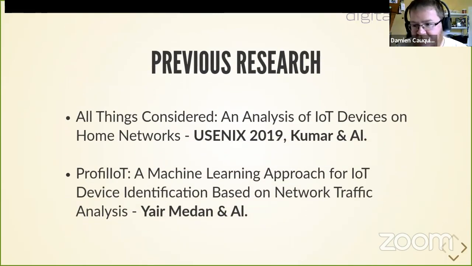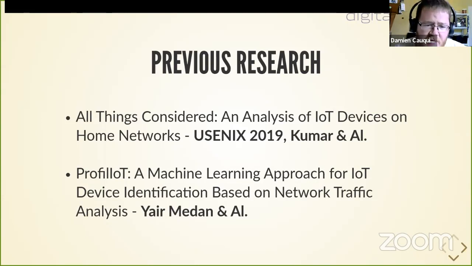I searched the internet about previous research and previous work. So I found a paper, it's also a presentation, published last year at Usenix about an analysis of IoT devices on home networks. And this paper contains some machine learning tricks the author made to determine what are the most popular devices in people's homes.